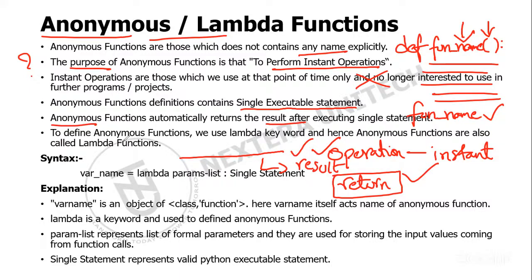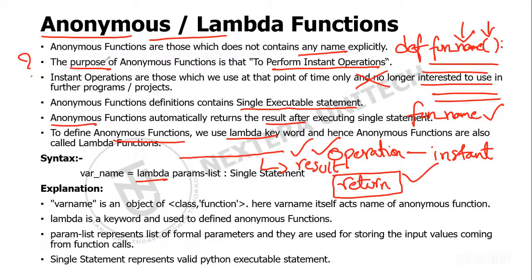How do we define anonymous functions? Because this is the syntax for a normal function. If I want to define a normal function, I have to follow the syntax. In the same way, how am I supposed to define an anonymous function? A keyword called lambda will be used.